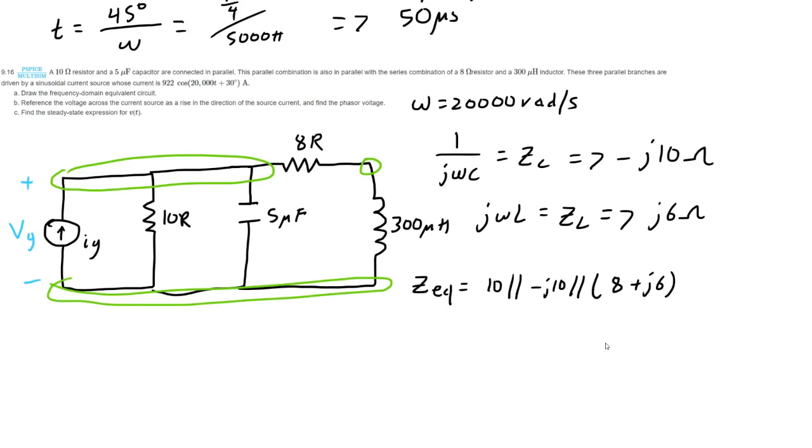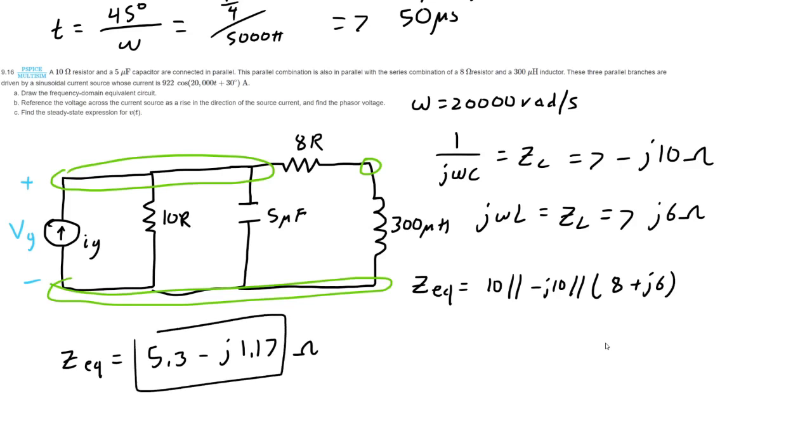I ended up getting an impedance of 5.3 minus j1.17 ohms, which translates to a magnitude of 5.423 and a phase of minus 12.52 degrees.